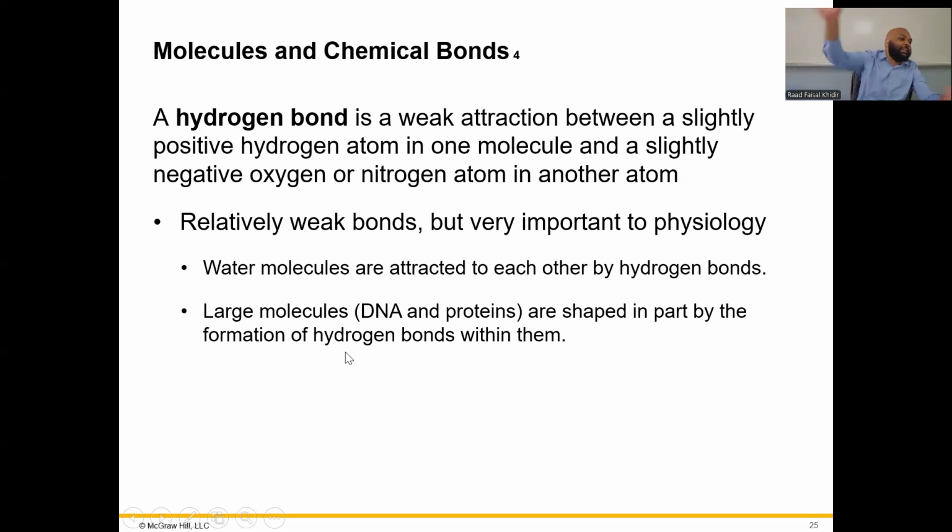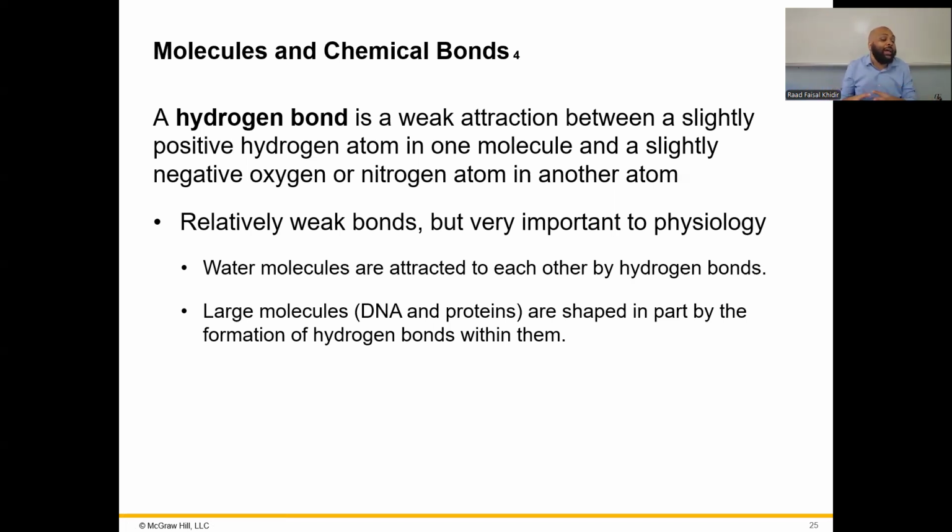So the double helix of our DNA, why does it stay together as a double helix? We denature it when we heat up the DNA. Also the proteins, when you heat them up, they go from a quaternary structure to a tertiary structure to a secondary structure.